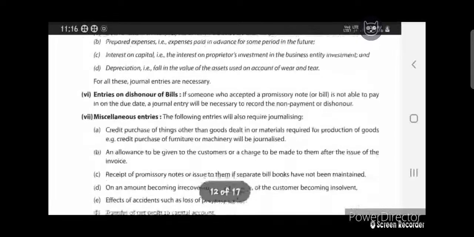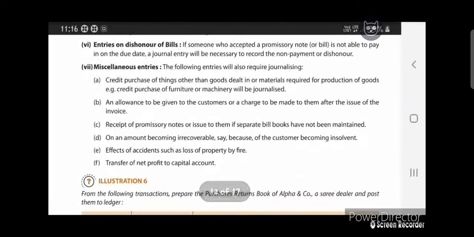Next is entries for dishonor of bills. If someone who accepted a promissory note or bill is not able to pay on the due date, a journal entry will be necessary to record the non-payment or dishonor.